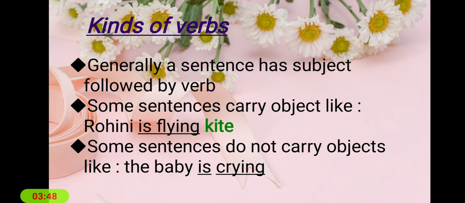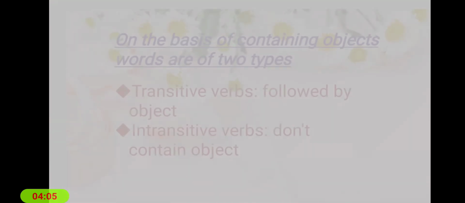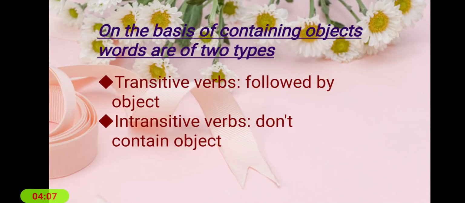But some sentences do not require to carry object, like the baby is crying. So here crying is the verb, but it doesn't carry any object. It doesn't need any object actually. So on the basis of containing objects, verbs are of two types: transitive verbs, which is followed by object.